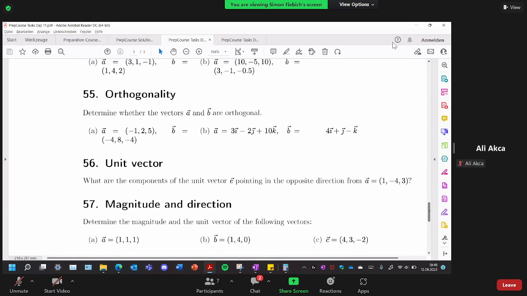Next thing would be to check whether two vectors are orthogonal. So how can you check whether two vectors are orthogonal? I think we also mentioned that earlier today.